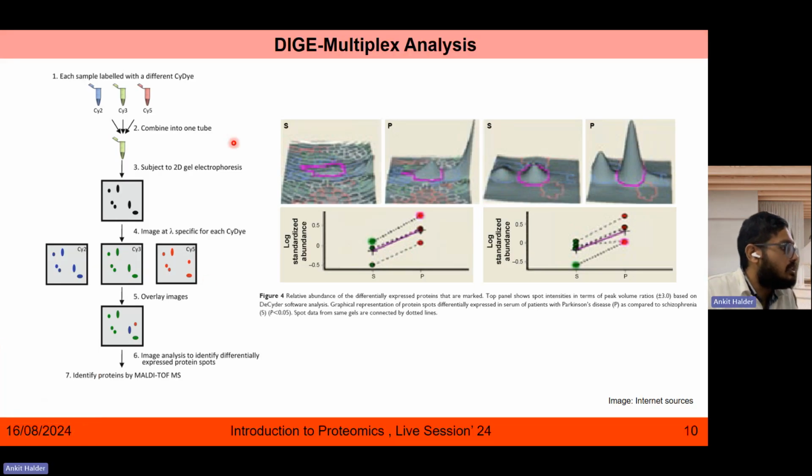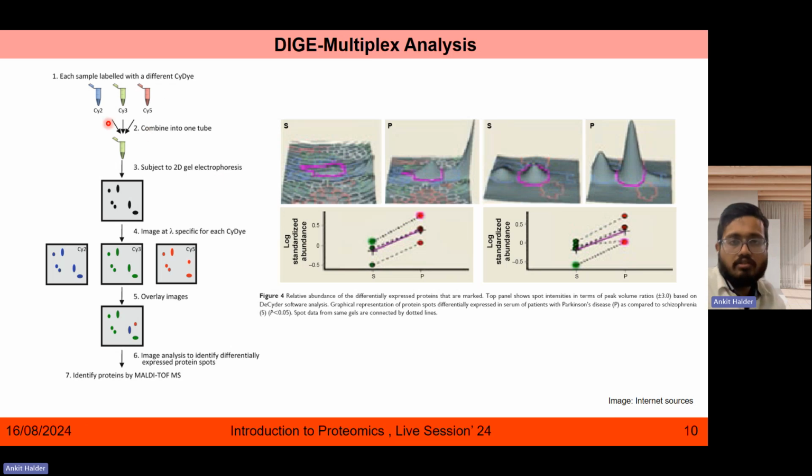Here they have shown in a proper manner how it is done. Each sample is labeled with a different dye, Cy2, Cy3, Cy5, combined into one, and subjected to two dimensional electrophoresis.